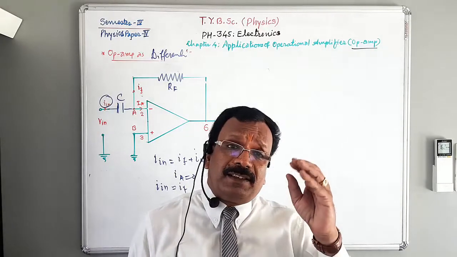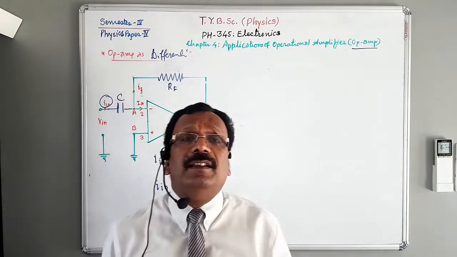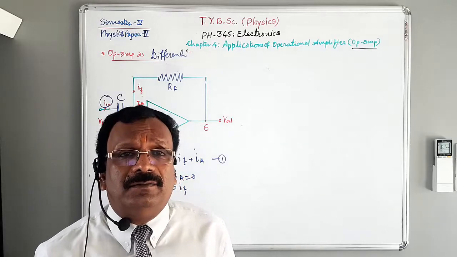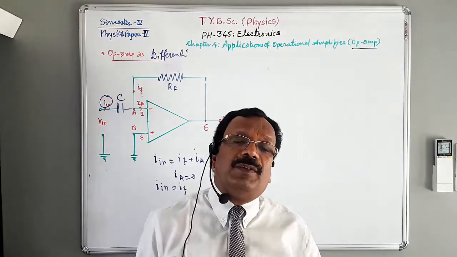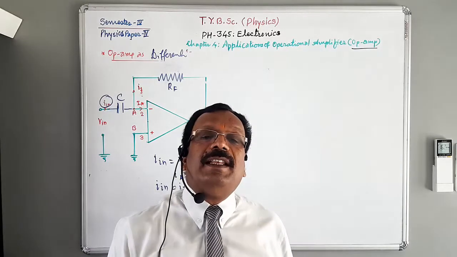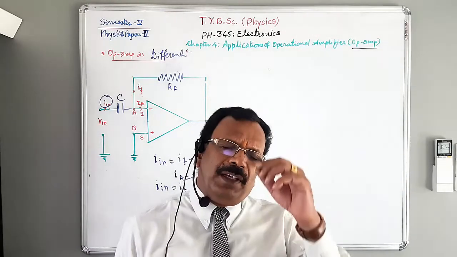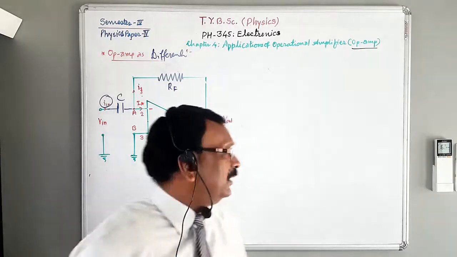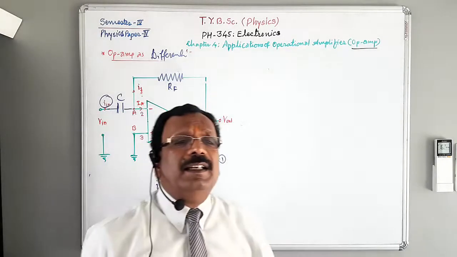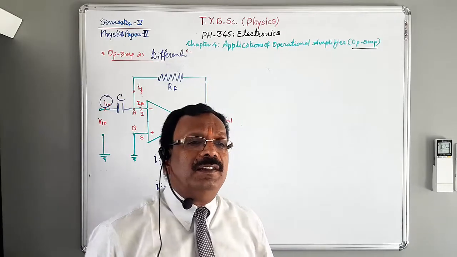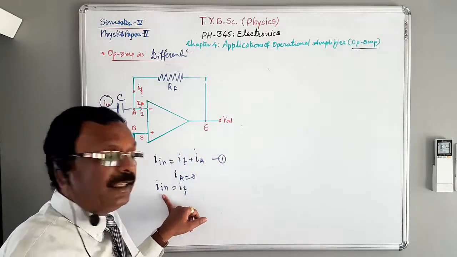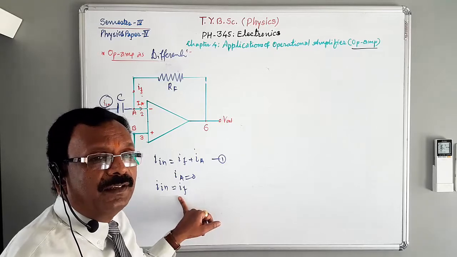That is 70 into 10 raised to minus 9 ampere current. This is very, very small current which is flowing through this terminal, but this is neglected, and this is negligibly small. Therefore, we have IIN is equal to IF.